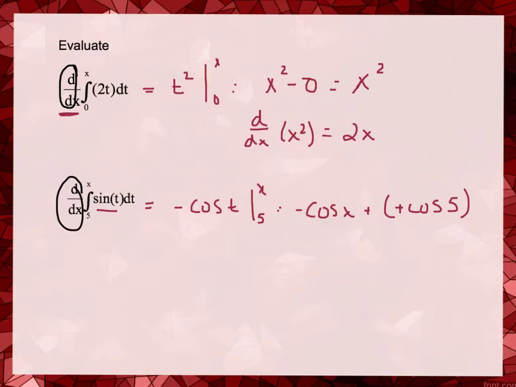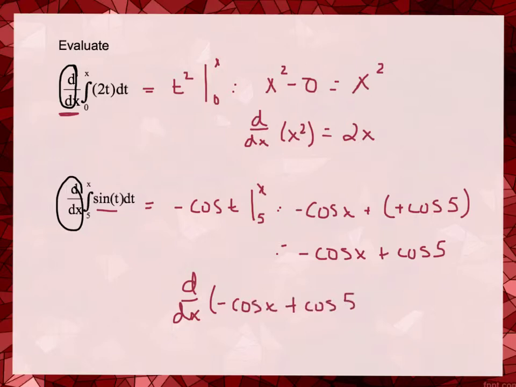So then we get negative cosine of x plus the cosine of 5. But I'm going to take the derivative of that. And we know that the derivative of negative cosine of x would be positive sine of x, and the derivative of the cosine of 5 would be 0 because cosine of 5 is a constant.